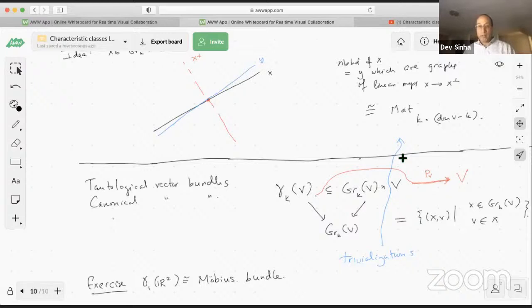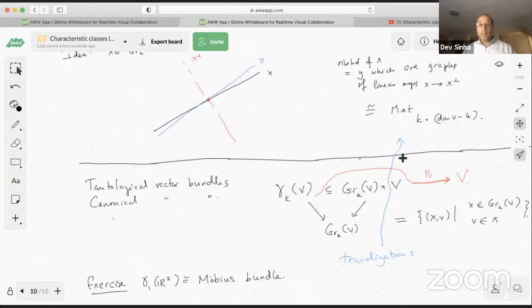I do have the projection onto the Grassmannian. That's a vector bundle map. This isn't a vector bundle map, but it is something that says, okay, I've got a subspace and then a point in that subspace, and so I can just forget about what subspace I'm in and remember that point.